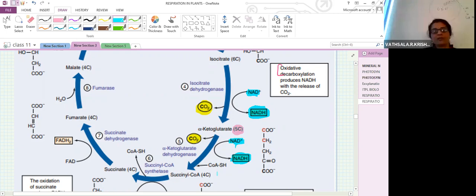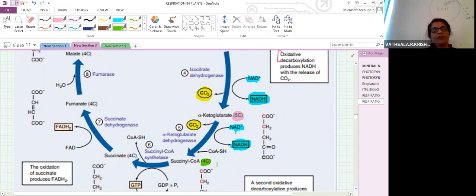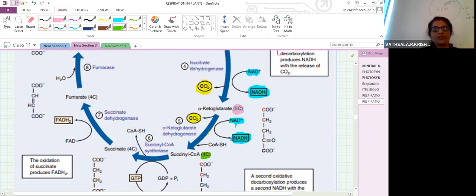Here coenzyme A is attached, so it forms a 4 carbon compound, succinyl coenzyme A. Succinyl coenzyme A loses coenzyme A. When it loses coenzyme A, SLP takes place.